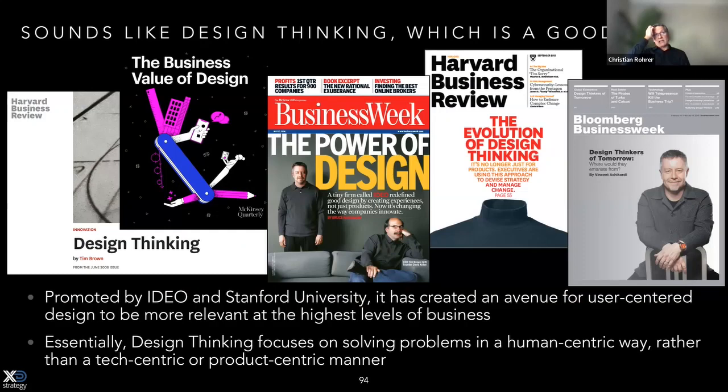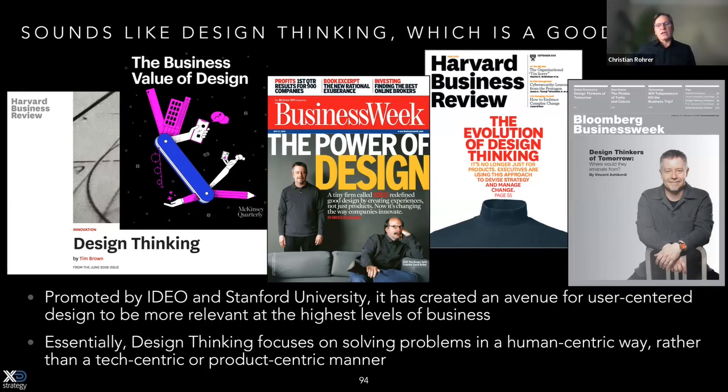Now that might sound like design thinking to you, which I mention because it is similar. It is almost really the same as the design process that I described. And you should use that to your advantage with your decision makers and executives, because design thinking has had all this horsepower behind it from various entities to sell the idea of design to business people.